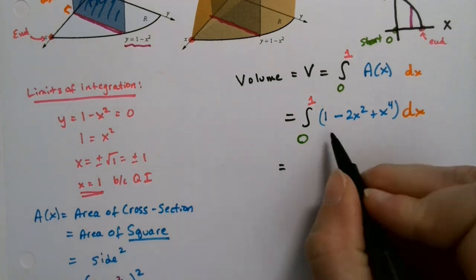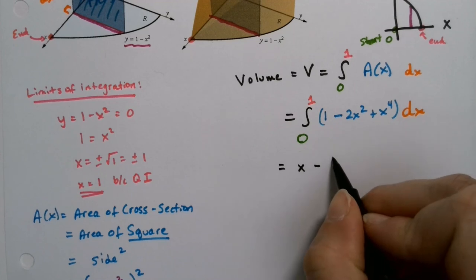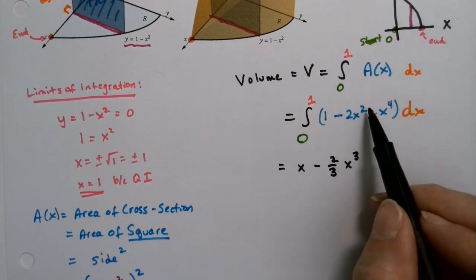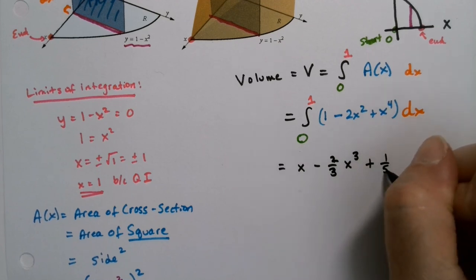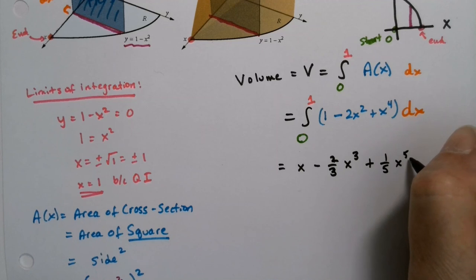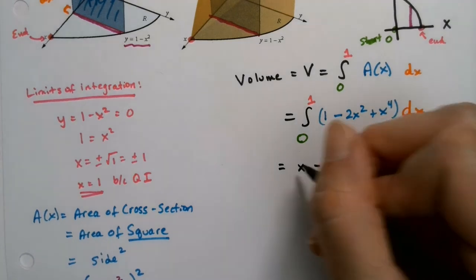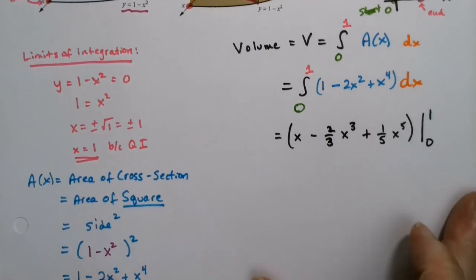All right, so if I integrate, this would be x minus 2 thirds x cubed, because of course we add 1 to the power and then divide, plus 1/5 x to the 5th, add 1 to the power, then multiply by the reciprocal, which is what division is. And then we're going to take this from 0 to 1.